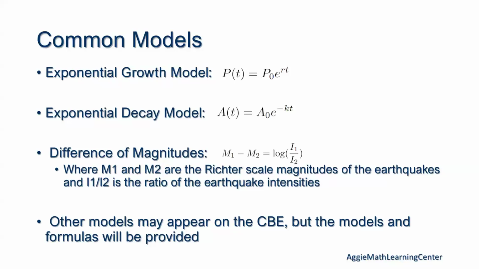And then the difference of magnitudes is the magnitude of 1 minus the magnitude of 2, which equals the log base 10 of the ratio of their intensities. The test will at least give you this one, but you will want to know this one though.